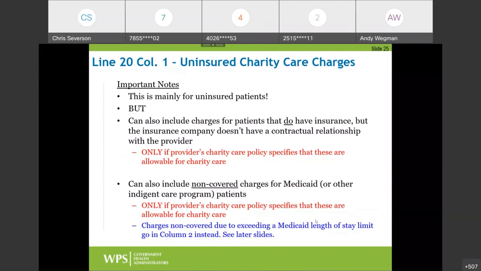But keep in mind, non-covered is a little bit different than exceeding the length of stay limit. They treat them differently. To be honest with you, I don't know why they decided to pick on that one little type of non-coverage and handle it separately from other non-covered Medicaid charges. We've never been able to get a good answer from CMS on why there needed to be a distinction. In the end, it all gets calculated the same. It's just that there's extra reporting for it.